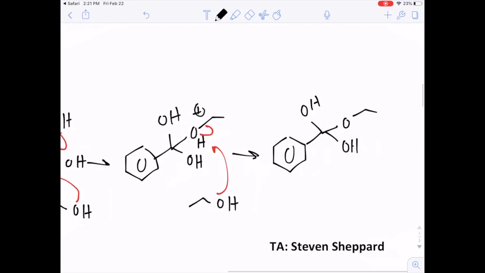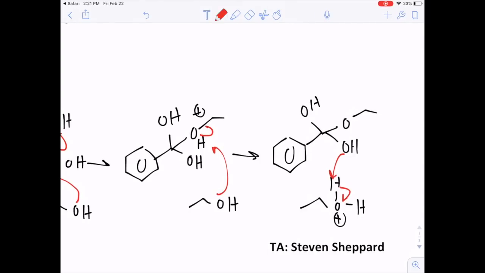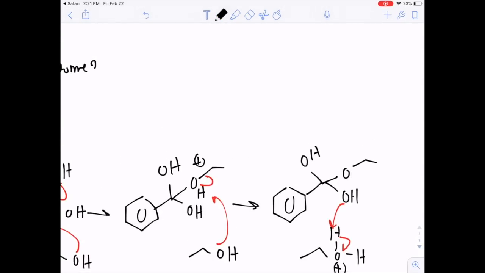So what we want to do is convert one of these hydroxyl groups into a good leaving group. So we can just take that protonated version of ethanol and give a proton to one of those hydroxyl groups. It doesn't matter which one in this case. All right, and then the product of that step would be something that looks like this.